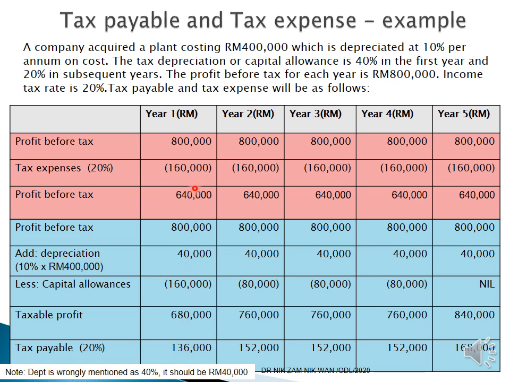So if you follow accounting profit, you will get tax expenses of 160,000, but when you calculate using tax rules, you will have tax payable of 136,000.